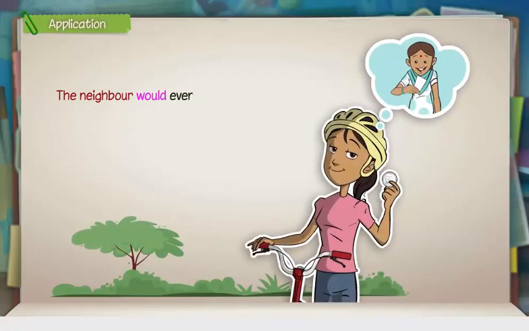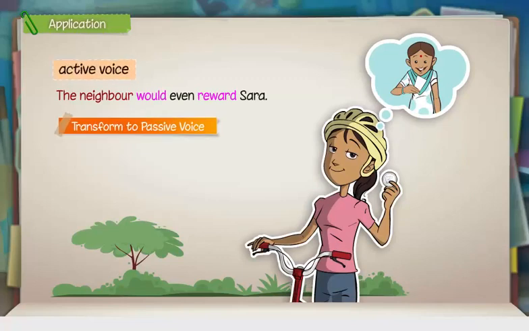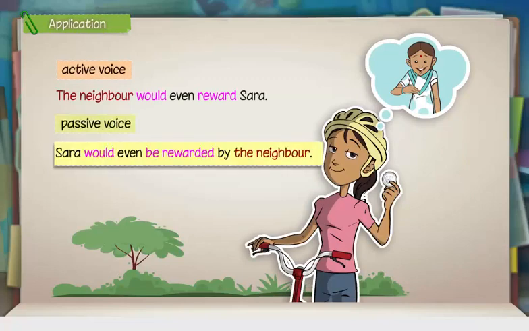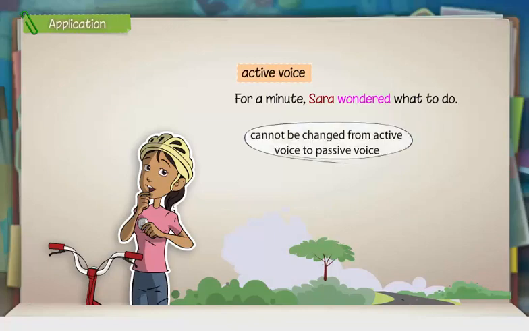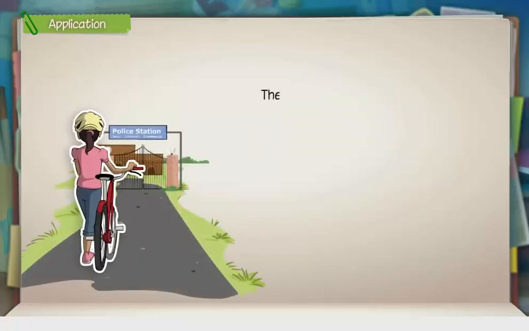The neighbor would even reward Sarah. For a minute, Sarah wondered what to do. Then she wheeled the bicycle to the police station.